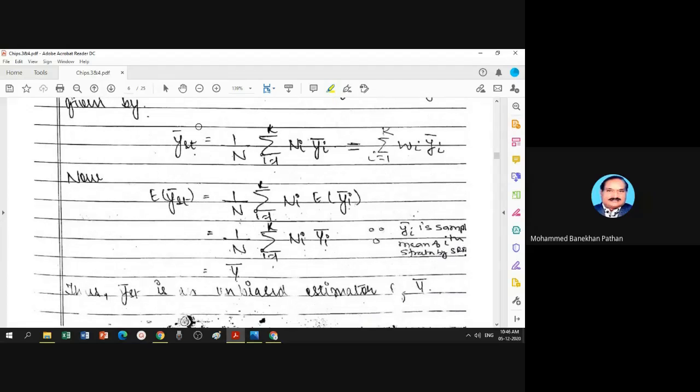Now you take the expectation of the left side. The expected value of y bar st is 1 upon n summation i=1 to k ni times the expected value of y bar i. And when I speak of this as a particular study, it is the study of a homogeneous population. So from the previous chapter, easily you can write this as capital Y bar i.